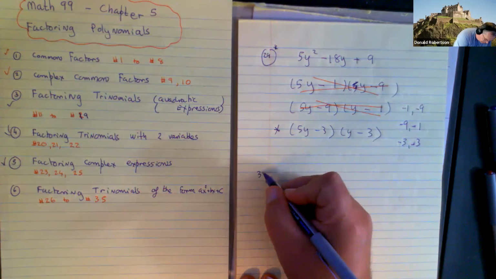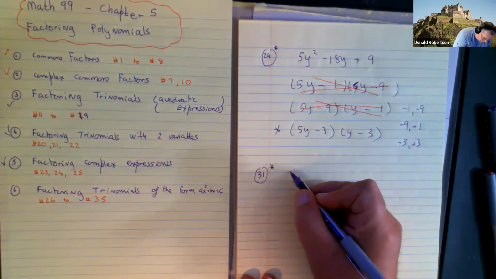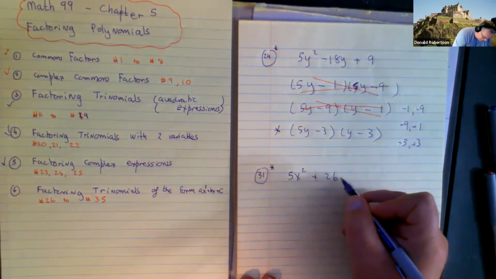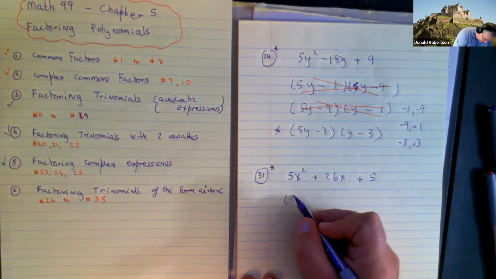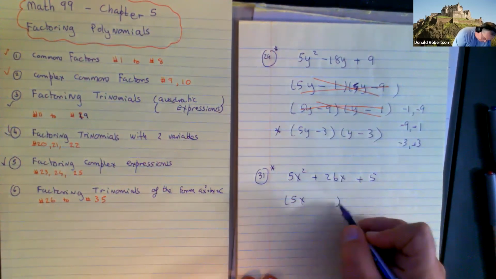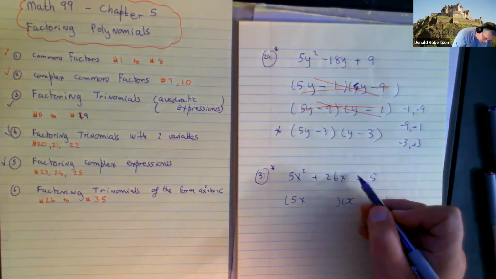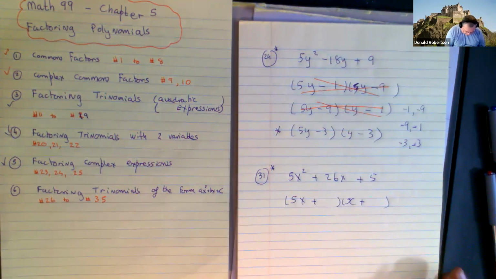Do 31. Well, in question 31, you have 5x squared plus 26x plus 5. And again, it's 5x squared, so that's something. And since this is +5 and this is positive, at least I know both numbers are positive.